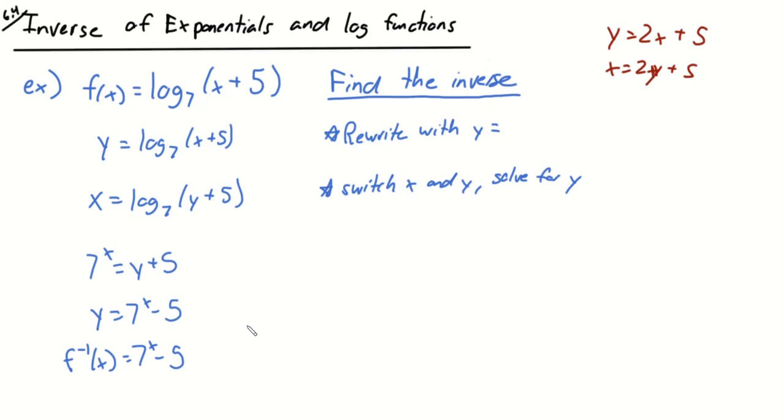What did we all love to do in 5.5 with f of g and the other way? Composition. We have to do composition to verify. So next, verify by composition.